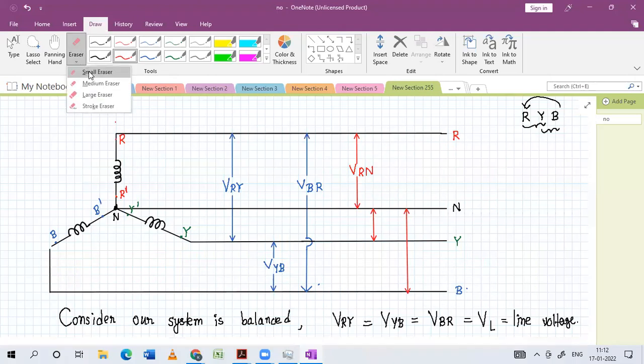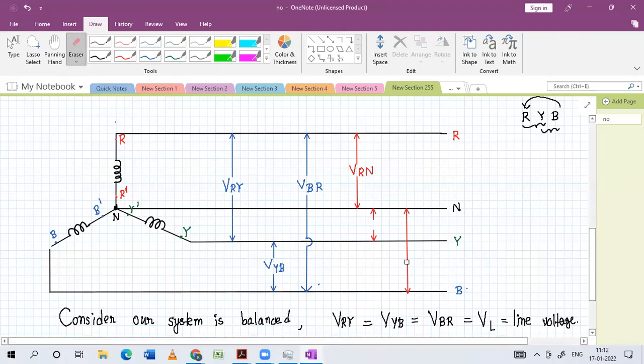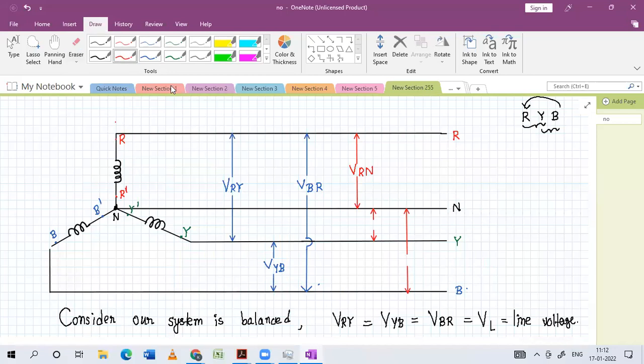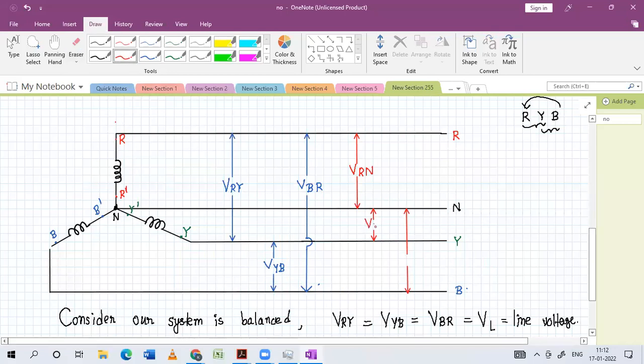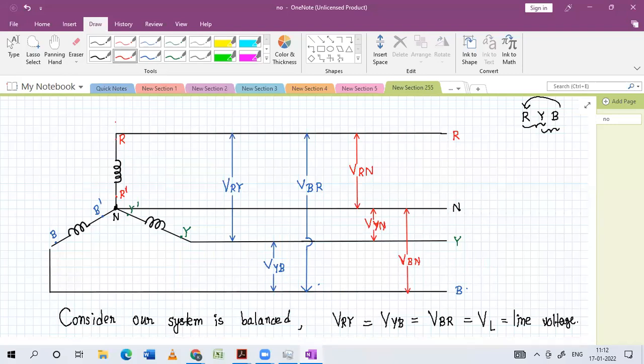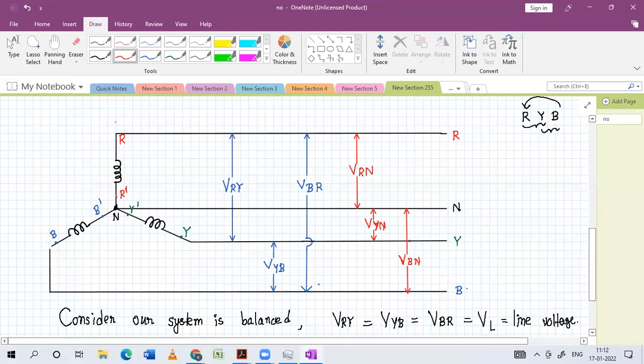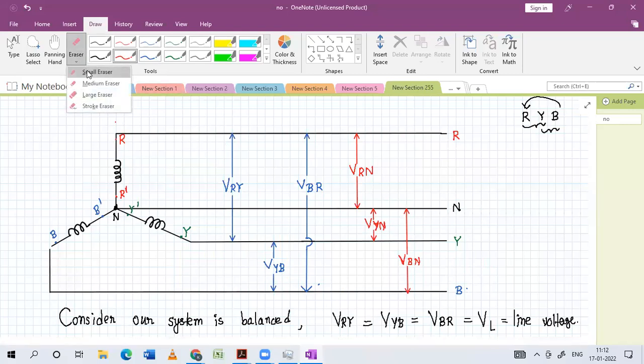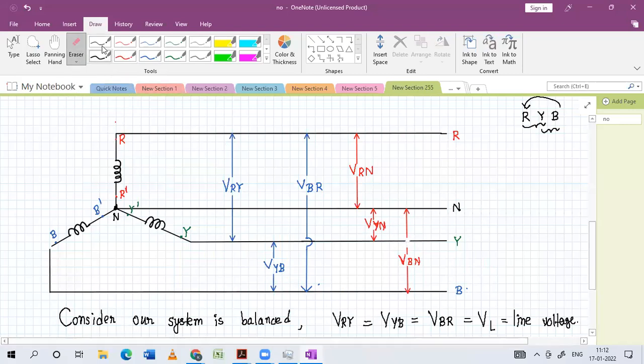This voltage is known as VYN, the voltage between Y phase and neutral, and this voltage is known as VBN, the voltage between B phase and neutral. Is it clear? So what is the definition of phase voltage and line voltage? Write down in the chat box.